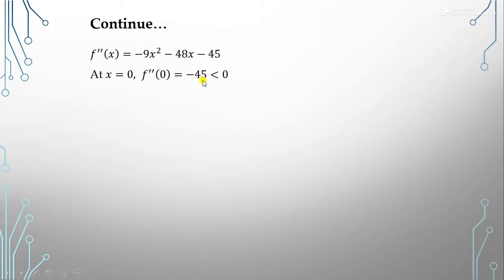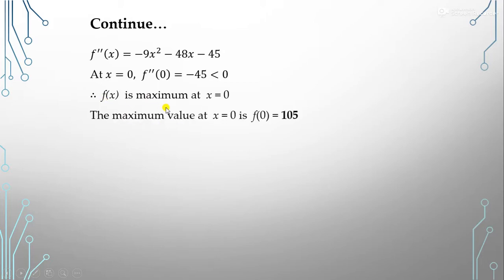You will find -45, which is less than 0. If f''(x) is negative at the point, then the function is maximum, so at x = 0 our function is maximum.